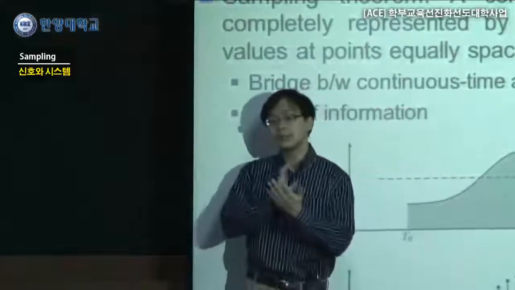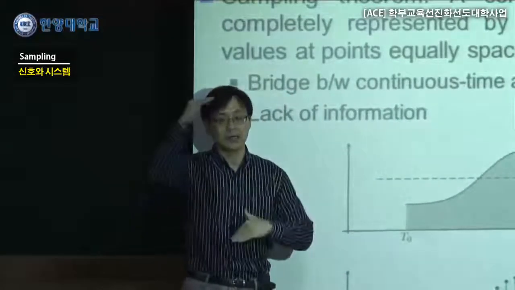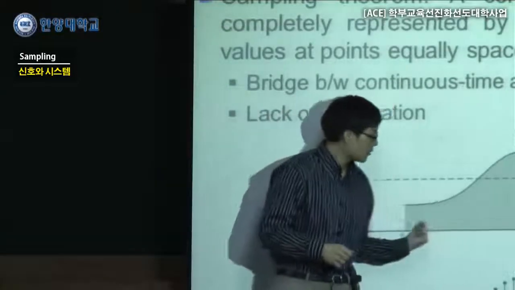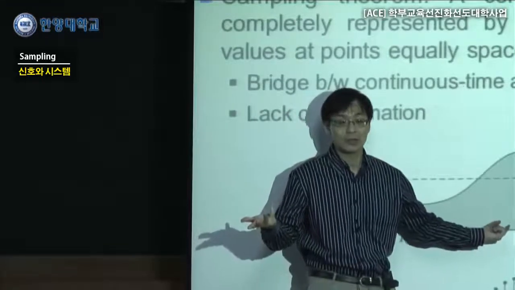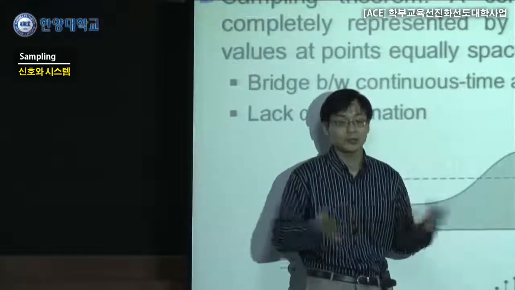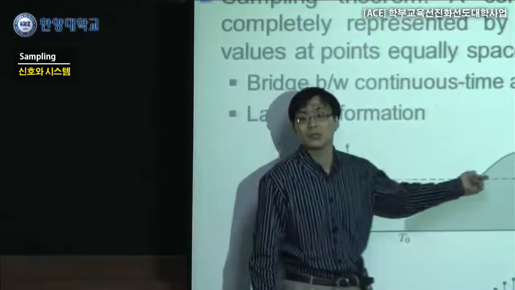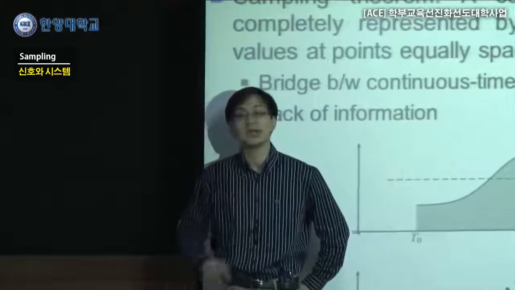Let's compare the values on the x-axis and y-axis. On the x-axis, the number of values is almost infinite. They are continuous. The values on the y-axis are also continuous. So this is a continuous signal. Sometimes people say this is an analog signal.